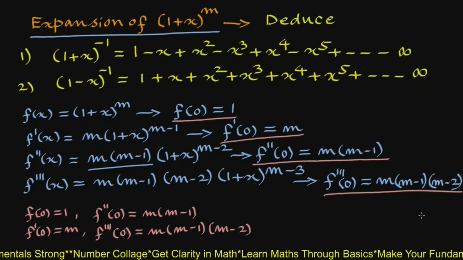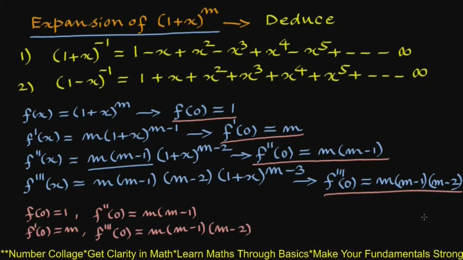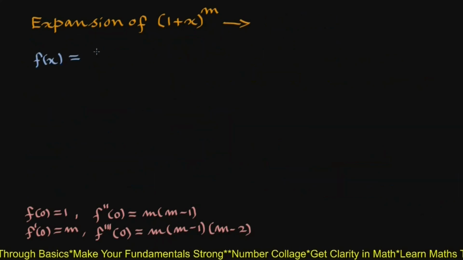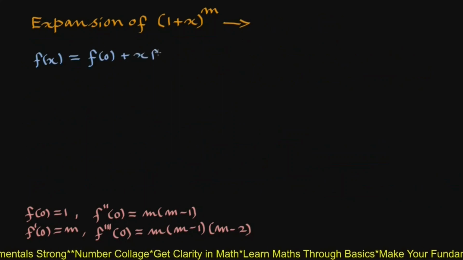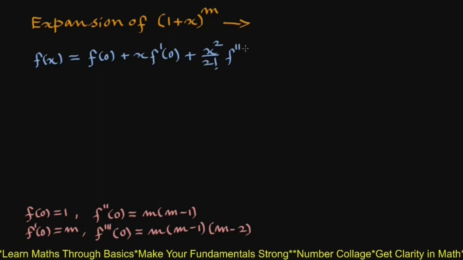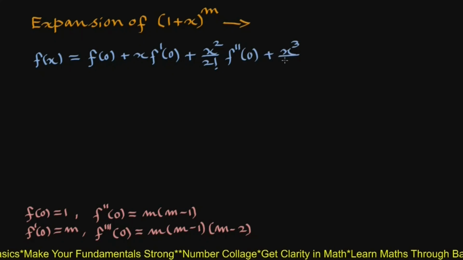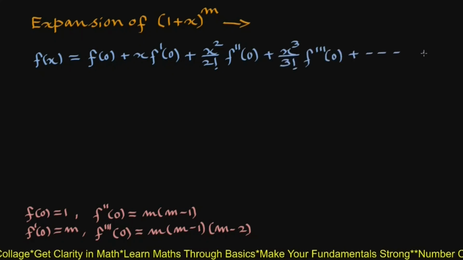Now we will use Maclaurin's series to find the expansion of (1 + x)^m. Maclaurin's series is f(x) = f(0) + x f'(0) + x^2/2! f''(0) + x^3/3! f'''(0) + so on and so forth up to infinity.